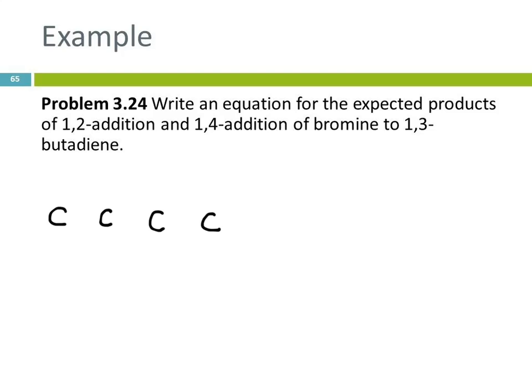The diene in the name tells us 2 double bonds. 1,3 tells us one of them is on the first carbon and one of them starts on the third carbon. So I'm going to number left to right. So there's a double bond between carbon 1 and 2, and then there's going to be a double bond between 3 and 4, and there must be a single bond in there. And then there's going to be H's.